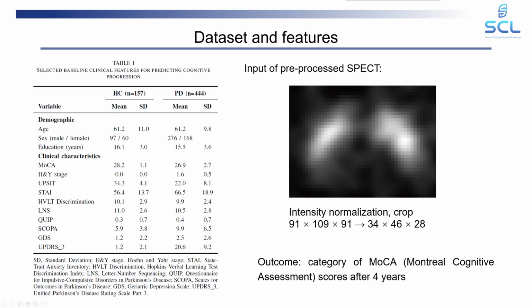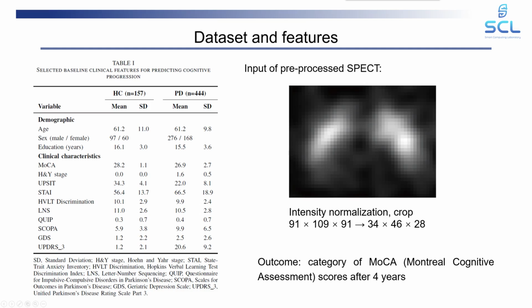We classified them based on their MoCA cognitive assessment scores 4 years later. Scores above 26 were normal and scores below 26 were abnormal. All healthy controls started with MoCA scores above 26, but some had lower scores after 4 years. So we also include them.